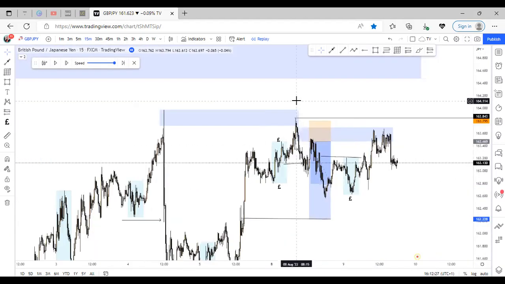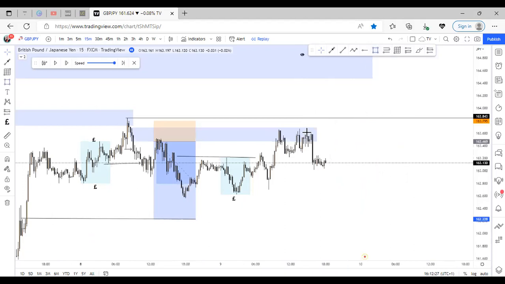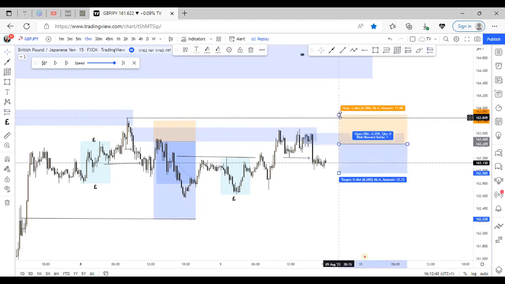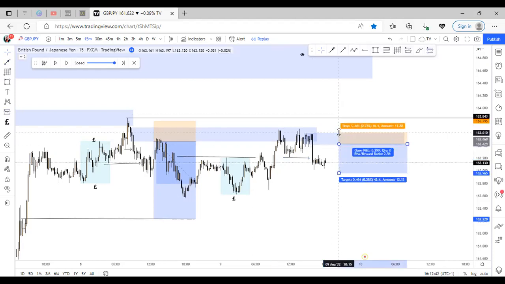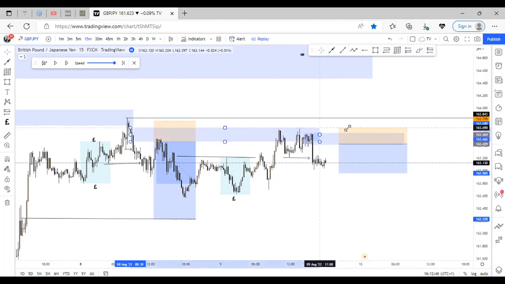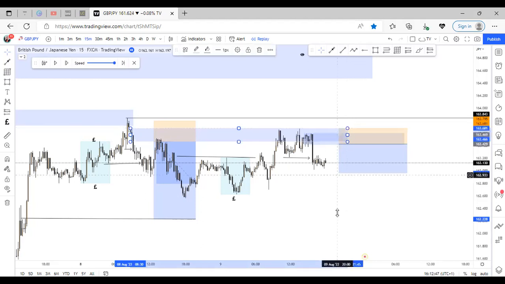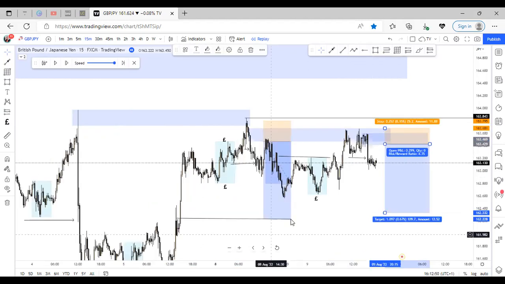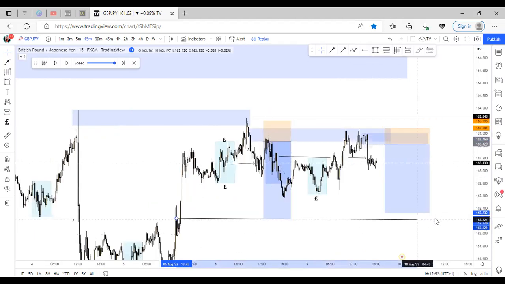Now at this point, I will decide to take a sell trade from right here because we've broken below this structure here. Let's see if we get tapped in. This is about 18 pips, but to be safe, we can have the stop at this last high right here, and still target this imbalance to be filled this time around.